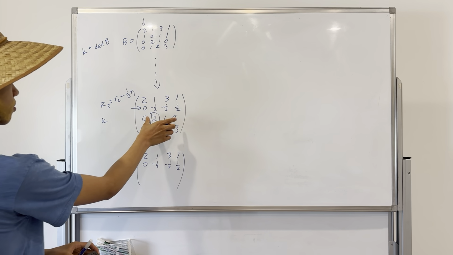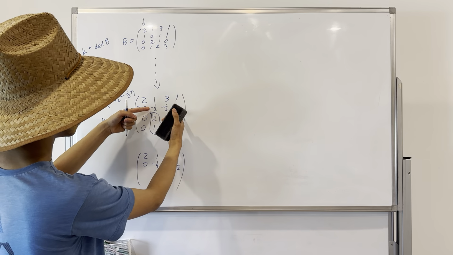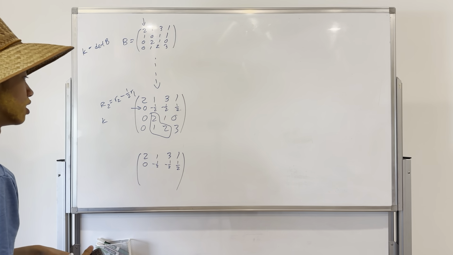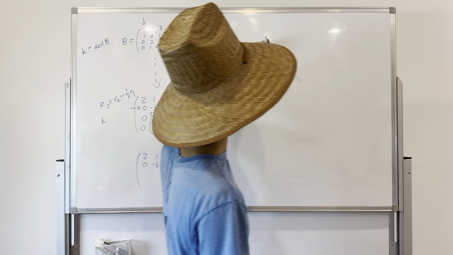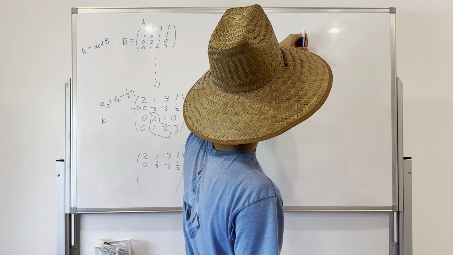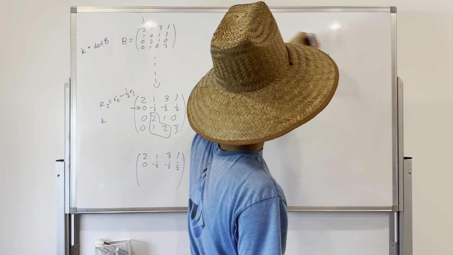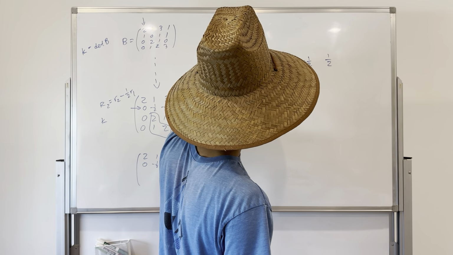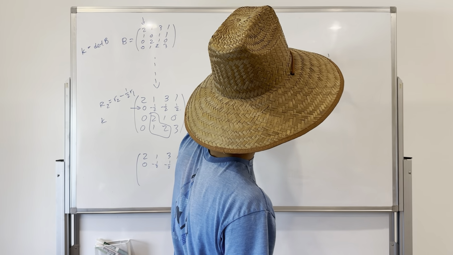Well, we could try to add a bit of row 2 onto row 3 and see what happens. Row 2 is 0, negative 1/2, negative 1/2, 1/2. Row 3 is 0, 2, 1, 0.